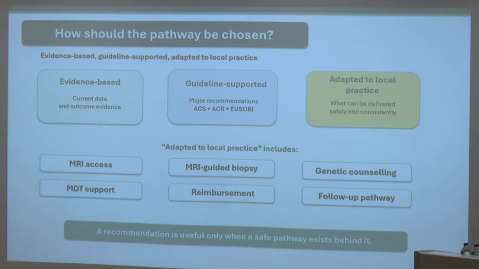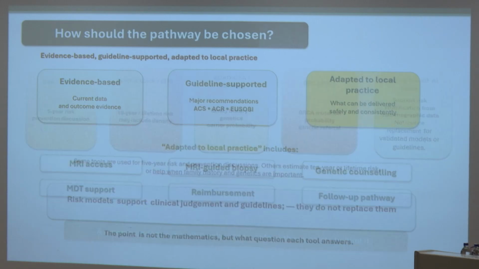The genetic counseling colleague says a lot about this. There is also multidisciplinary team support for all the specialties, and reimbursement everywhere. If there is no money, they cannot go to all these expensive examinations. And very important is the follow-up pathway. A recommendation is useful only when a safe pathway exists behind it.